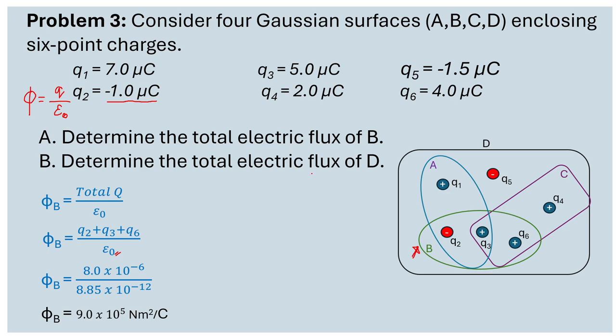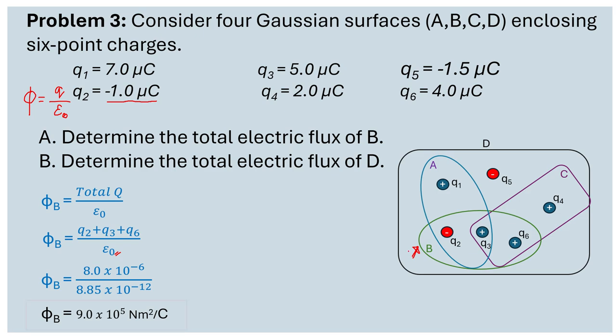It's asking for the total electric flux of D. So it's the biggest container, which is this one, the container of all the containers. The container D covers all of the charges, right? So we have Q1, Q2, Q3, Q4, also Q5 and Q6.